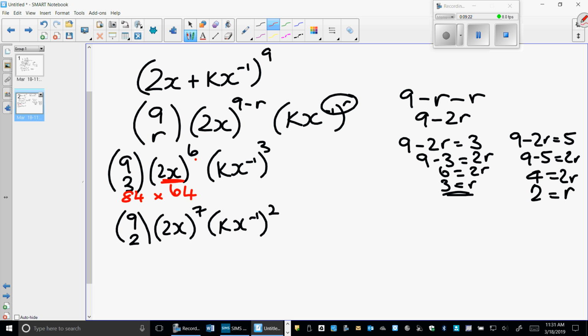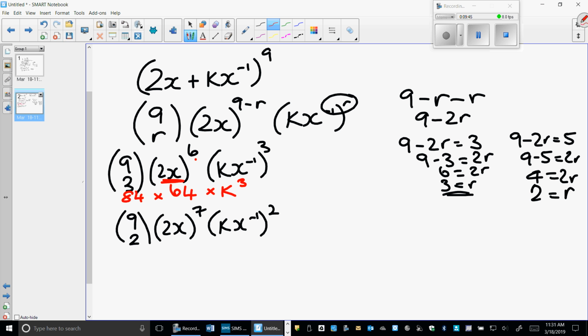Katie's right. And then we've got here k to the power 3. Yes? Now, I'm only interested in my coefficient because that's what they told me was the same. I don't care about my x term. I'm just looking at the coefficients. And k is part of my coefficient.